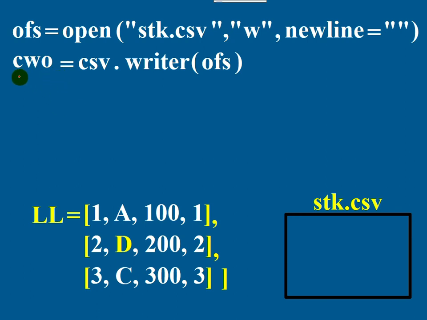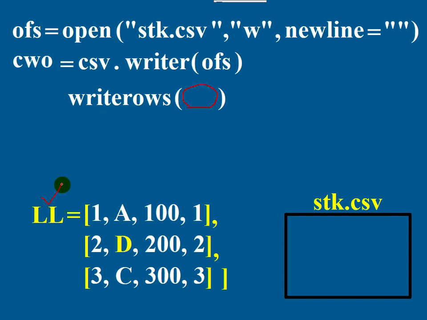Now this variable contains many useful functions for writing rows to the CSV file. So if you want to write multiple rows in one go or in one pass, this writer object contains the writerows function. So let me call the writerows function. The multiple rows must be passed as an argument, and multiple rows are there in the nested list LL.